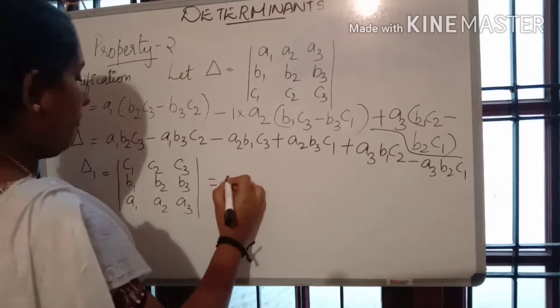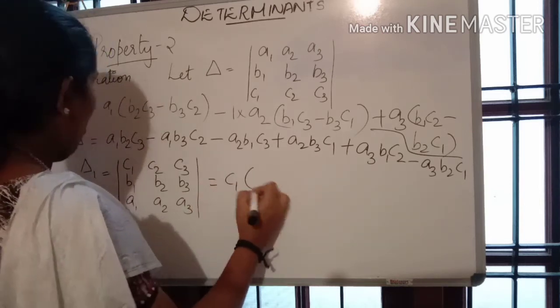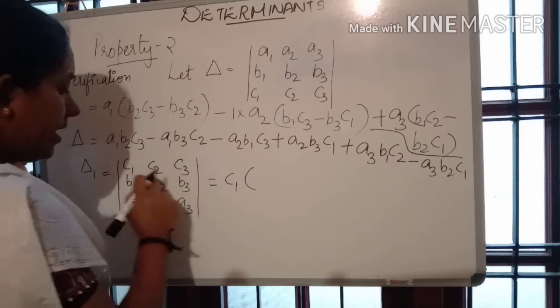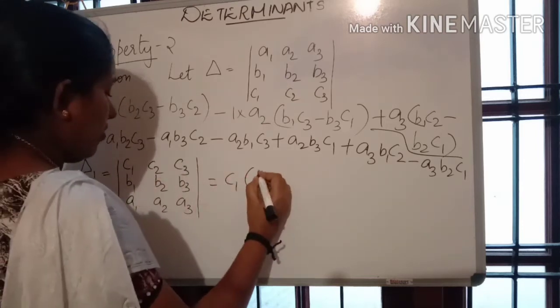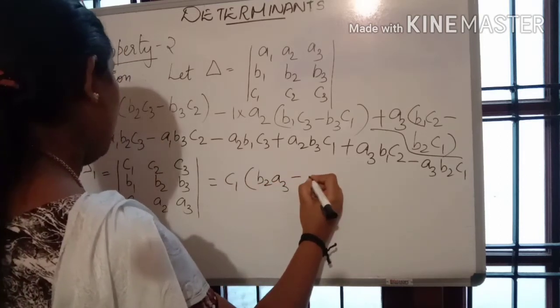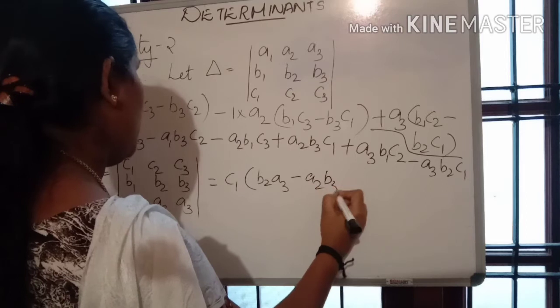From this we can find the determinant, neglecting this one, and we get the determinant of this, B2 A3 minus A2 B3.